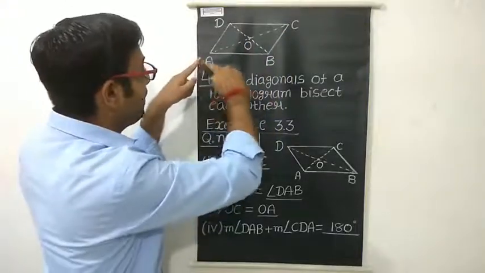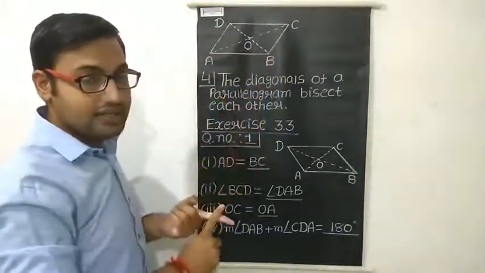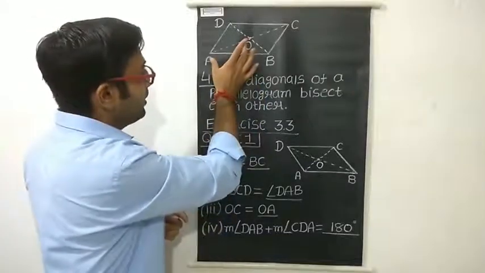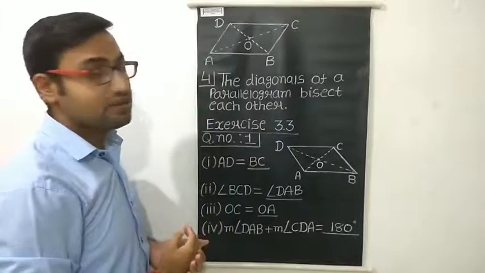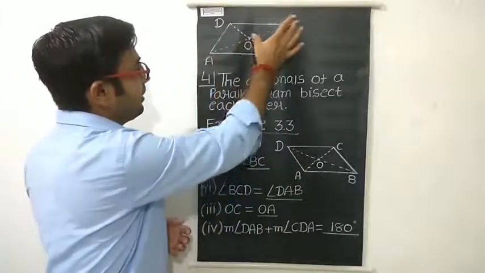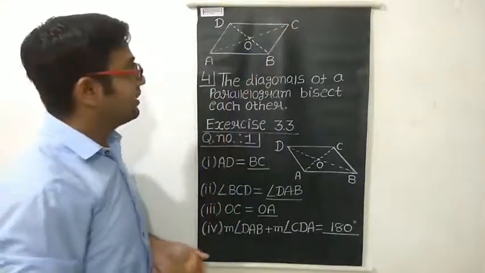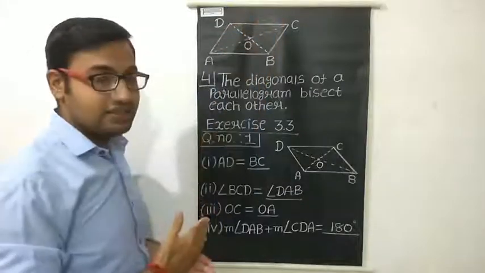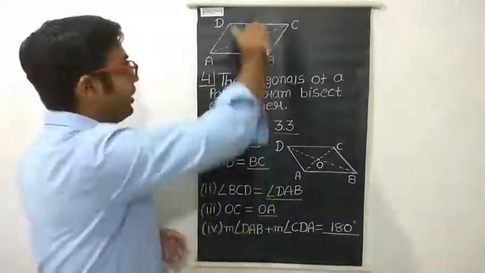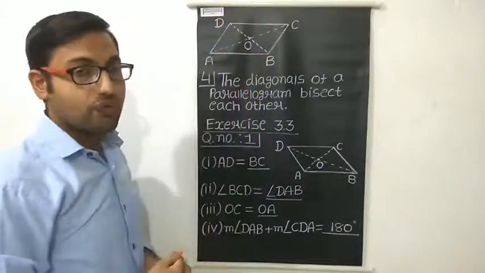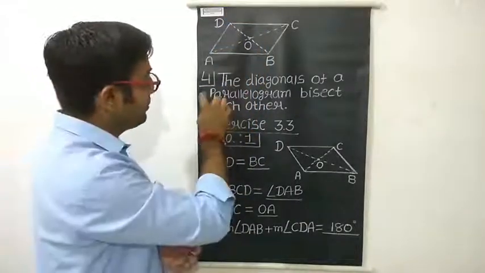Like if the total length of AC is 10 centimeter, then OA and OC will both be 5 centimeters. In the same way, if BD total length is 8 centimeter, then OB is equal to 4 and OD is also equal to 4. And that is the meaning of this fourth element.